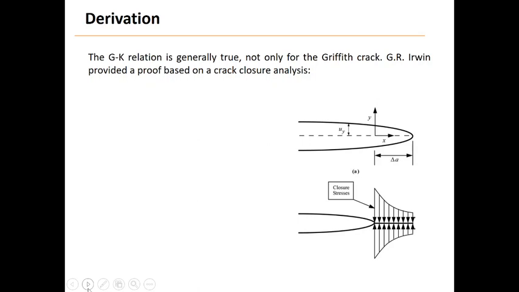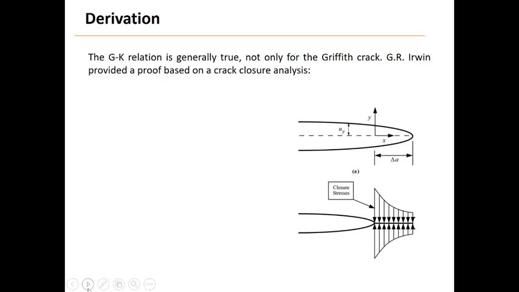The way to think about this is that we want to understand the relation between G and K, and K relates to the stress field. We know what K is; it has to be related to the crack tip stress field.